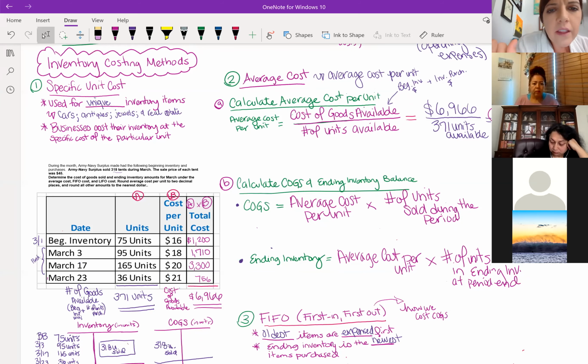After you calculate that average cost per unit, you use it to calculate cost of goods sold and the ending inventory balance. Cost of goods sold is going to be the average cost per unit times the number of units sold during the period.